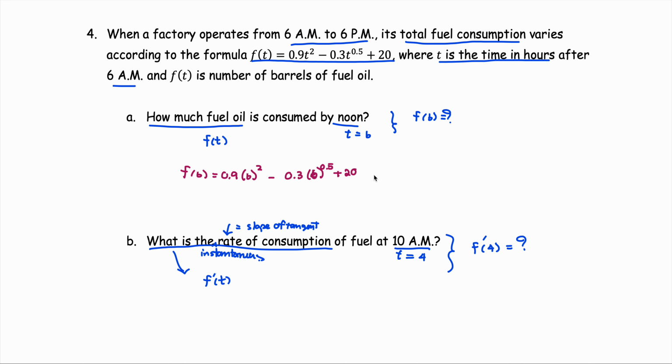Put in a calculator. Let's leave it in 2 decimal places. So it turns out to be 51.67, and the unit is barrels of fuel oil. So let's write it down, barrels. So we get the answer in part A.